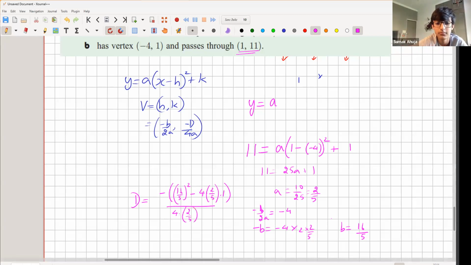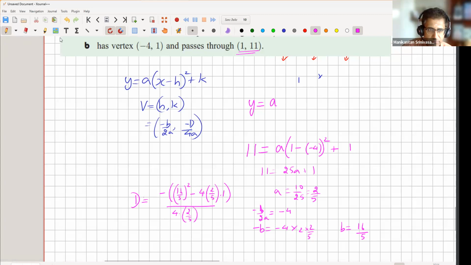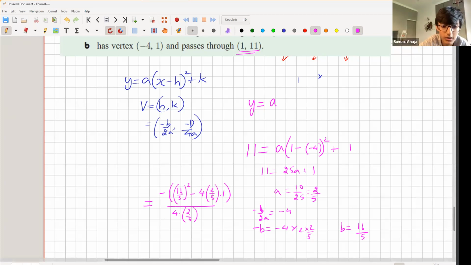And that equals... sorry, this is not 256 by 25. This big expression, minus d by 4a, equal to numerically what? This is just equal to 1, the y coordinate of the vertex, which is 1. And then using this, you'll solve for your c, right? Okay, c is hiding here.